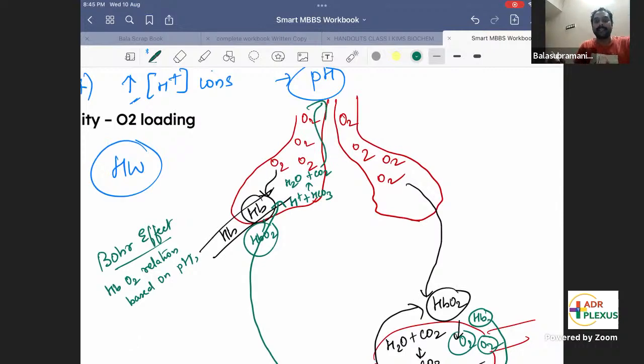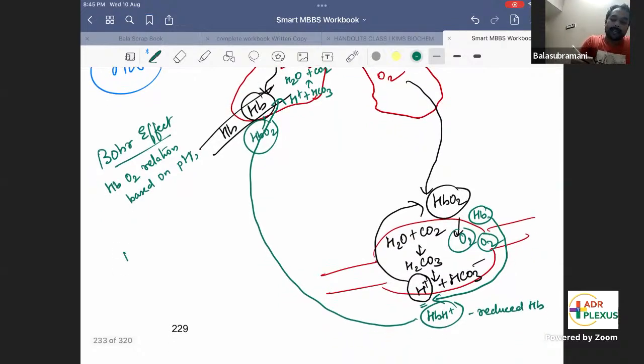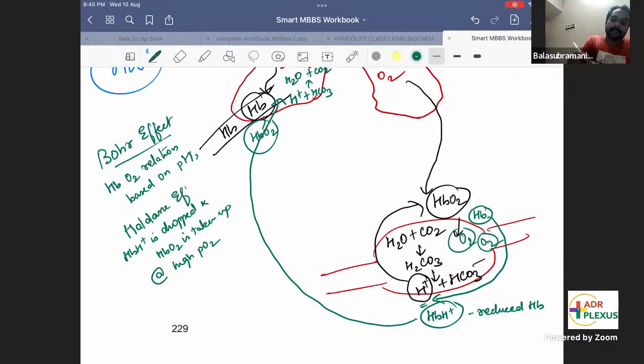This process in which the Hb drops H plus and HbO2 is taken up at high PO2 in the lungs is called the Haldane effect.